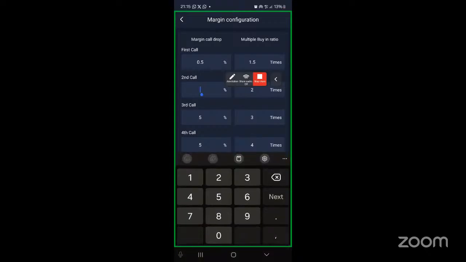The second one, I can say 1%. The third one, or I can do 1%, 2%, and then I do 2%. Can you see that? So these are 4 orders.